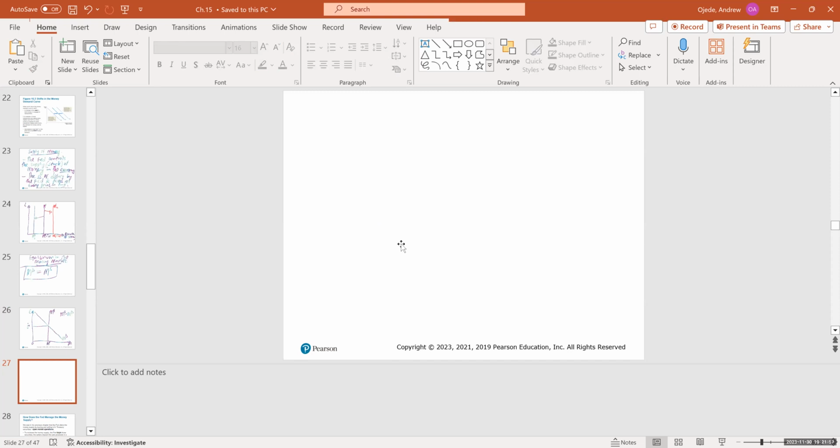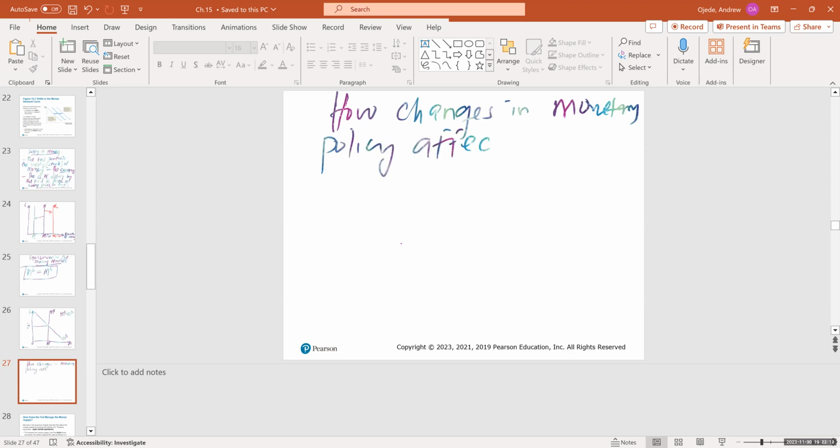So now here, let's talk about how changes in monetary policy affect interest rate and money supply.